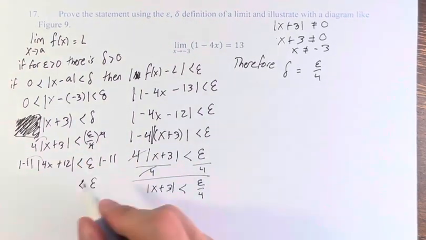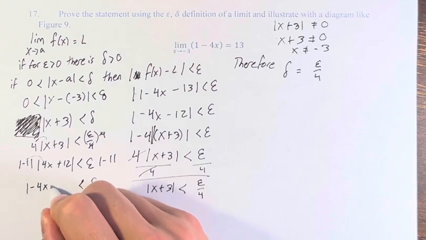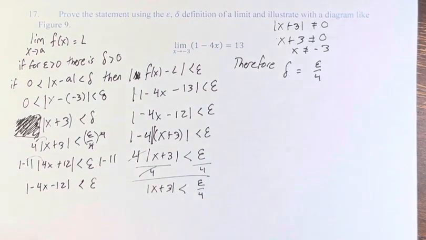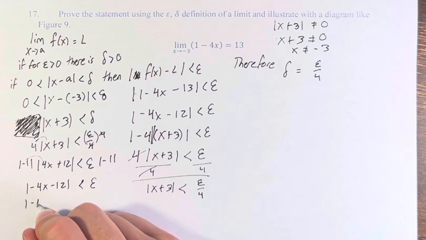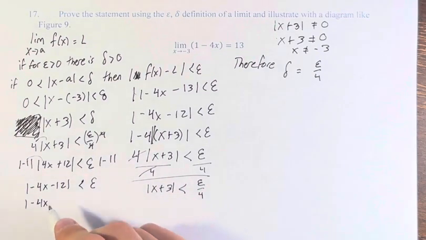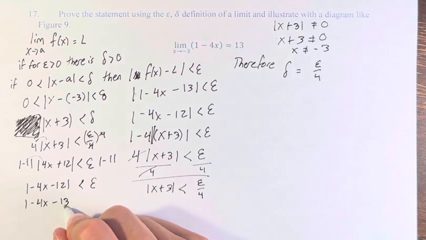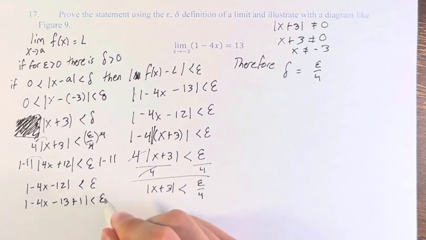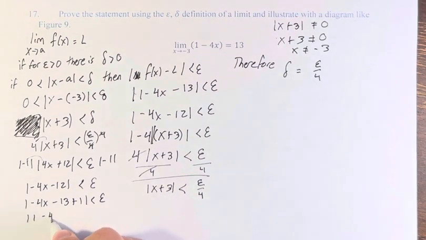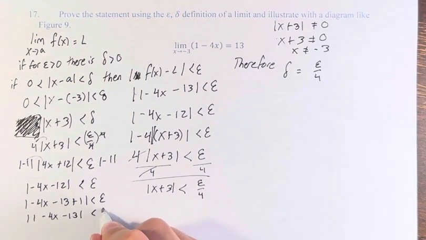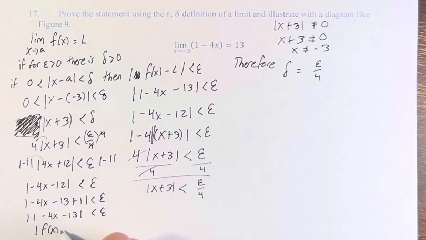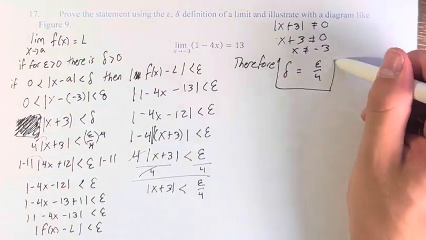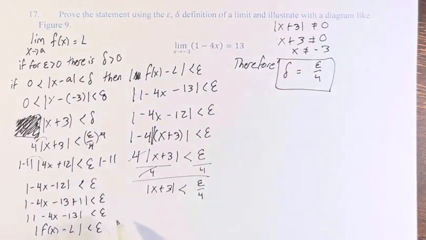Distributing this into the absolute value, however, we get -4x minus 12. This is equal to -4x minus 13 plus 1. This is therefore equal to 1 minus 4x minus 13, which is f of x minus L. Therefore, with our given relationship, we can prove that f of x minus L must be less than epsilon.